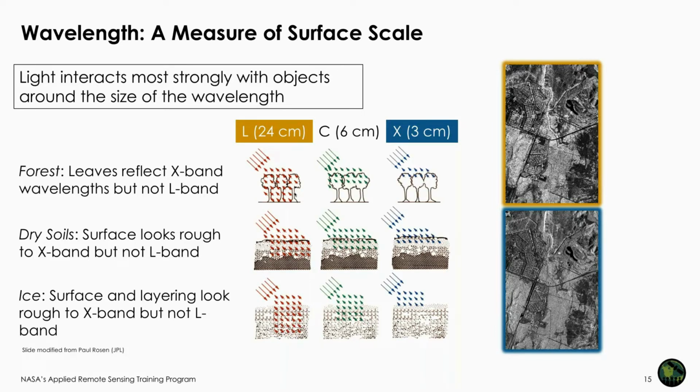And that, because it's even shorter, is typically bouncing off the tops of the trees and the leaves of the trees and other plants on the surface. So it's going to be more sensitive to motion of smaller objects, which can be a problem in heavily vegetated areas for making deformation measurements.